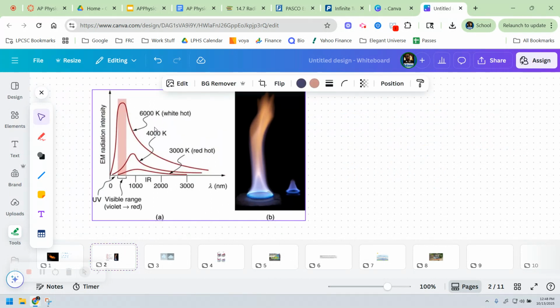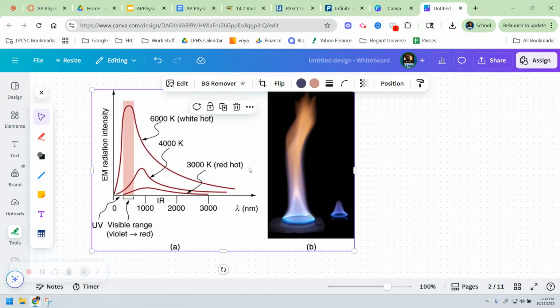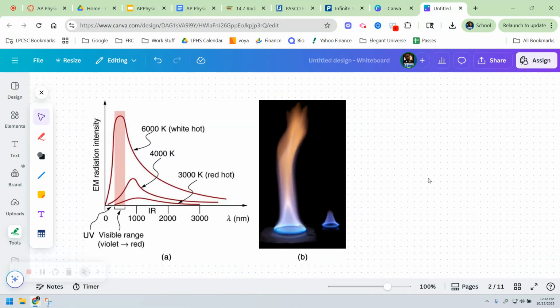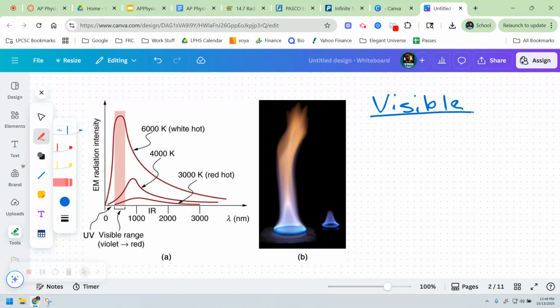essentially light, and it's hard to describe without going into electromagnetic radiation, but basically there's a visible spectrum of what we can see. So visible light, what we can see, we talk about the wavelength.